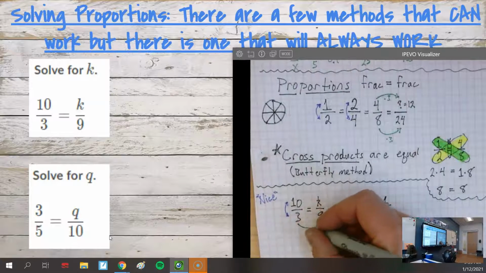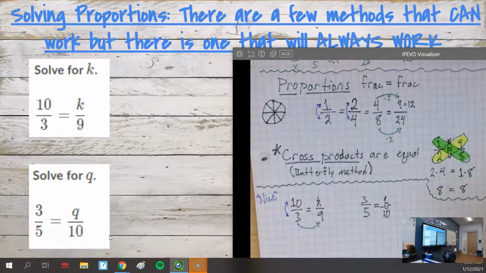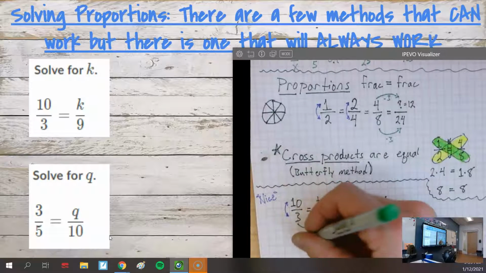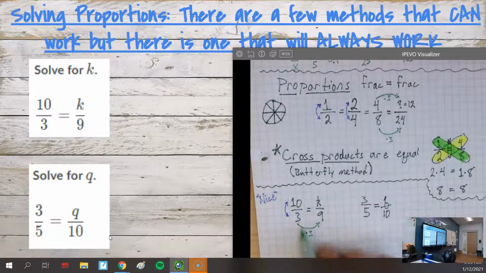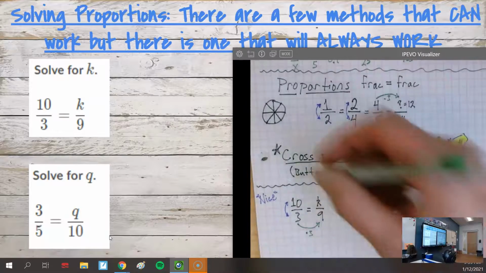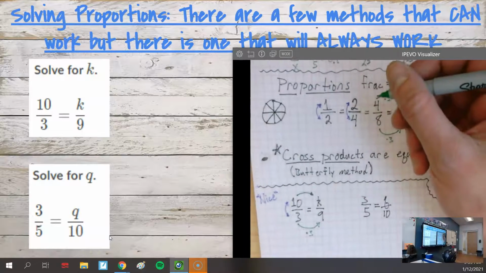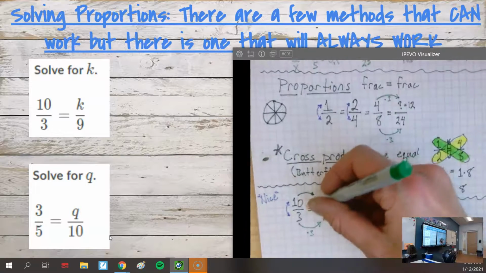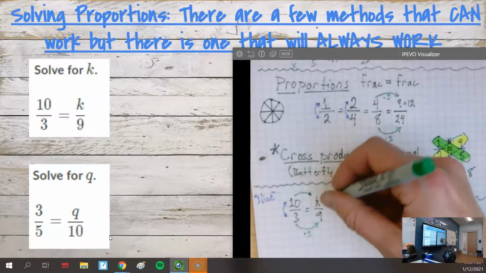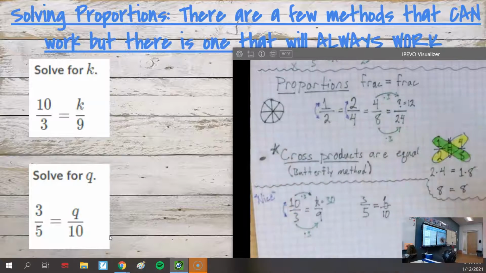Can you tell me what happens here? From 3 to 9, what needs to happen? Times 3. And because I told you this is a proportion, it is equal, the same thing has to happen on top, making K 30. Because what happens on the bottom has to happen on the top.